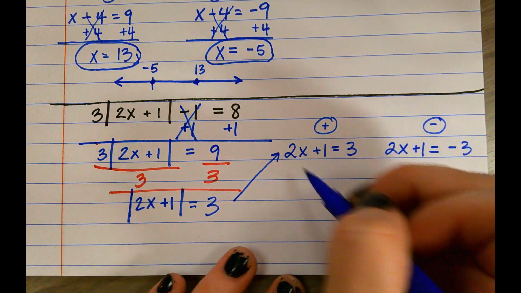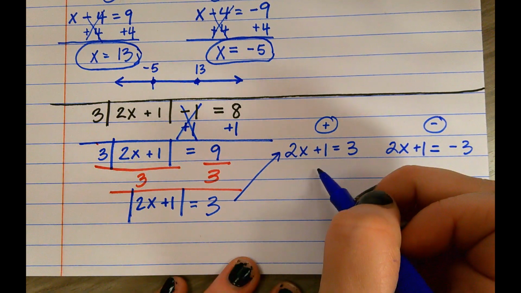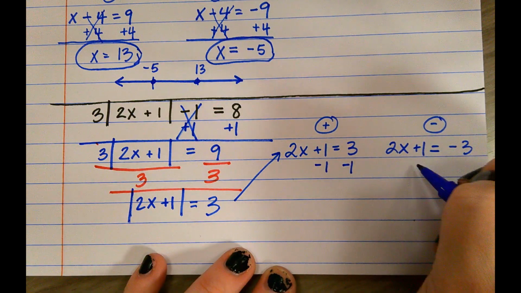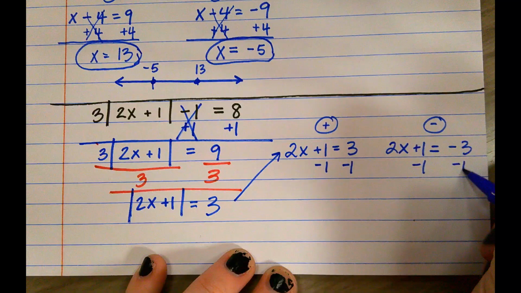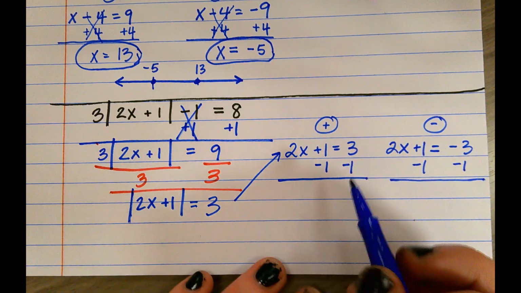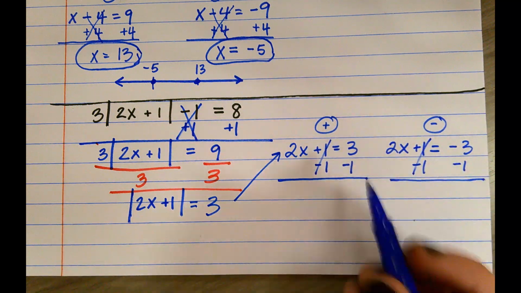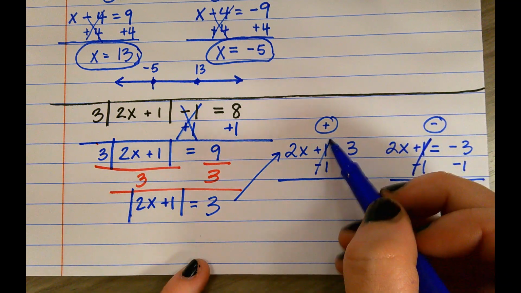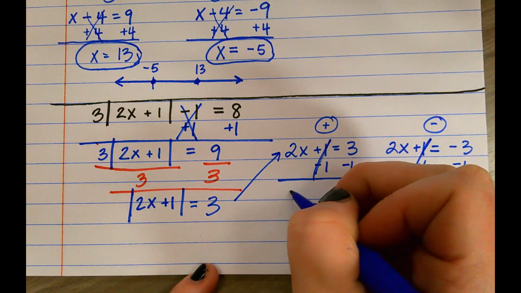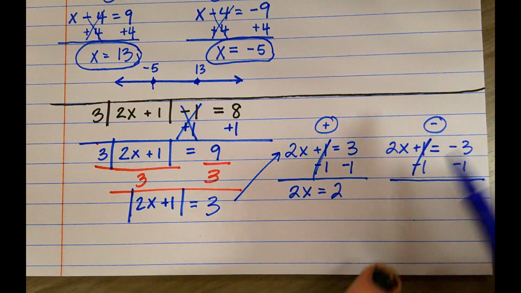It's not going to be a decimal. So for my positive, I'll subtract 1. And we're going to do that to my negative as well. We're subtracting 1. I'll cancel those. Bring down 2x equals 3 minus 1 is 2.